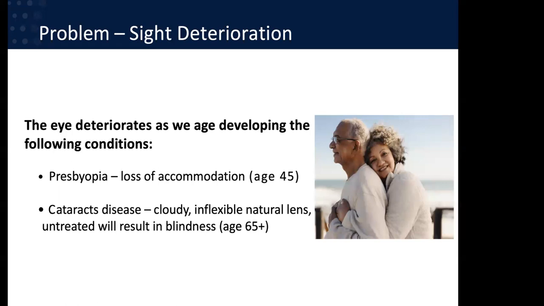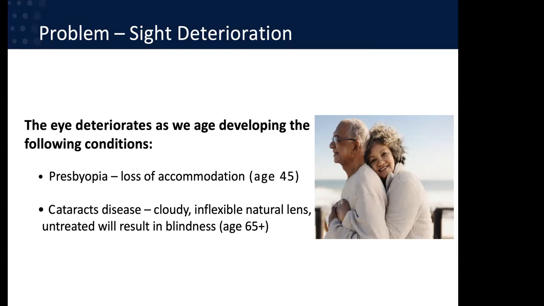As you age through presbyopia, you actually enter into an area called cataract disease or dysfunctional lens disease. Not only do you have presbyopia, but you have a lens, and I'll show you a schematic of that, that has gotten cloudy, inflexible, and it doesn't function like it used to with your vision.